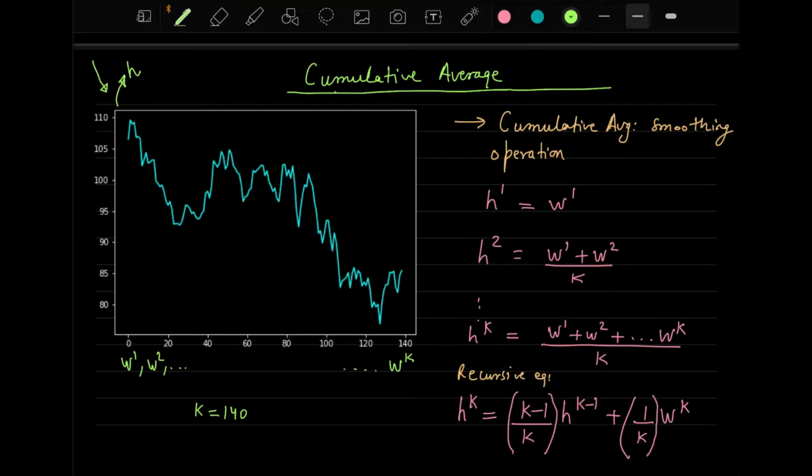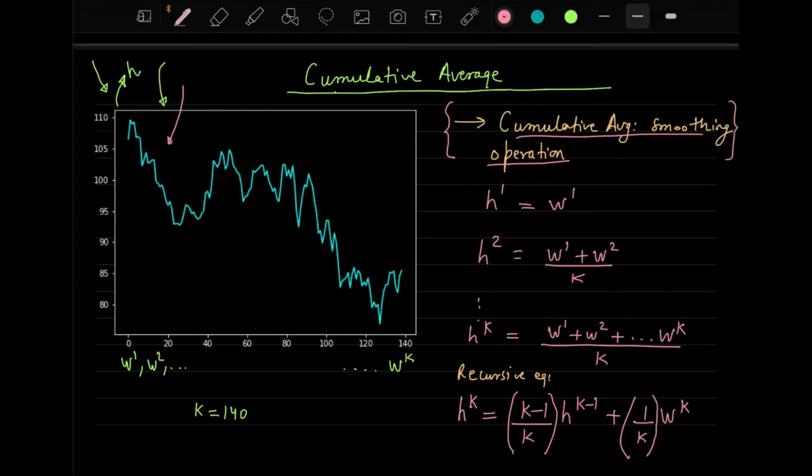So if you have this time series here, what you observe is that if you want to smooth this curve, this curve is very noisy. You can observe that from the pattern that you have here. It's a very noisy curve, and how to smooth it is done through a cumulative average smoothing operation. This is one of the ways of smoothing this curve.